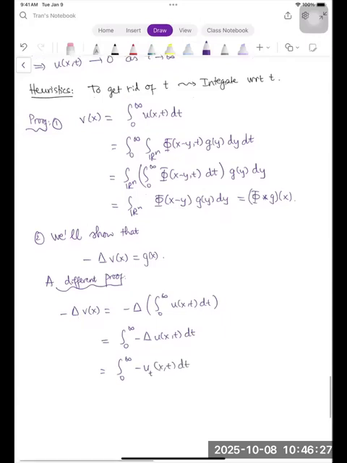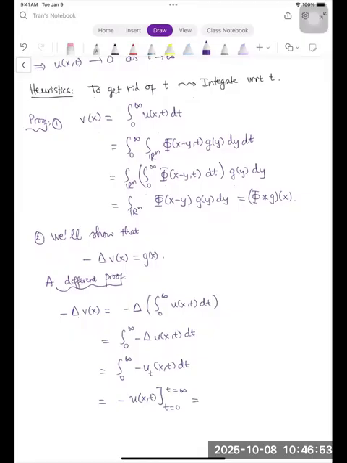And now we can compute. This equals minus u of x,t, by the fundamental theorem of calculus, evaluated at t equals 0 and t equals infinity. As noted, as time goes to infinity, u goes to 0.